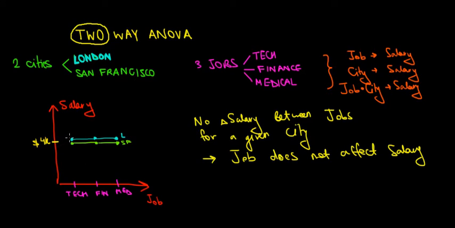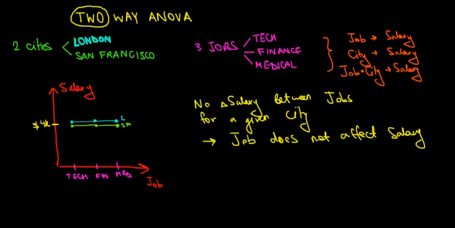Now let's look at the average salaries from the perspective of the city. We can see here that in London we have an average salary of $4,000 no matter what type of job, and in San Francisco we also have an average salary of $4,000 no matter in which industry. So we have no difference in salary between cities for a given job.